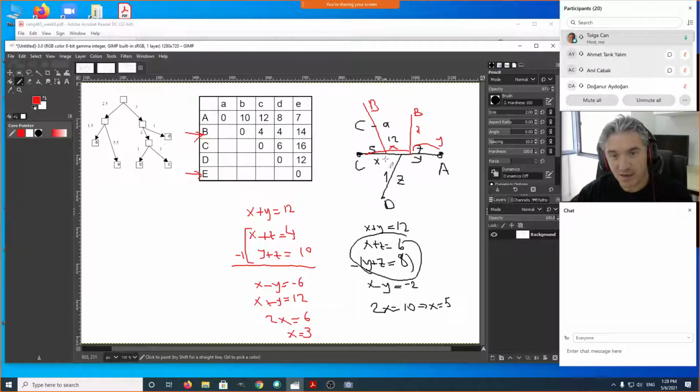This time you will update certain distances. This 5 part is going to be 3. The branch between this intermediate node and this intermediate node is going to be 2, because 3 plus 2, from here to here, it was 5. And since this distance is 9 in total, it was 7, right?